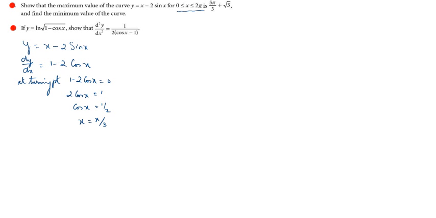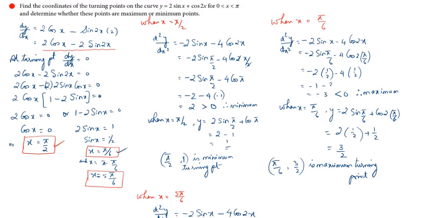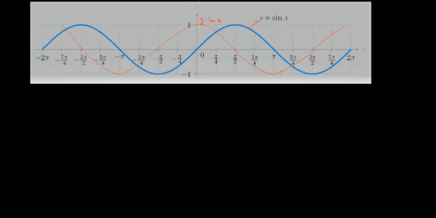Now if you look at the graph of cos x, here I'll show you. You can see the red curve. This is the graph of cos x. Now pi by 3 is here somewhere. Let us suppose pi by 3 is here. So this is pi by 3. Now it is between 0 and 2 pi.